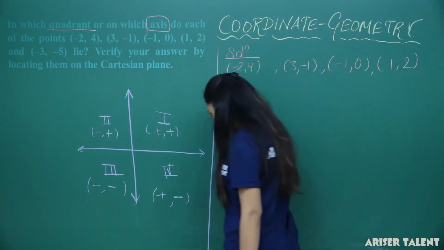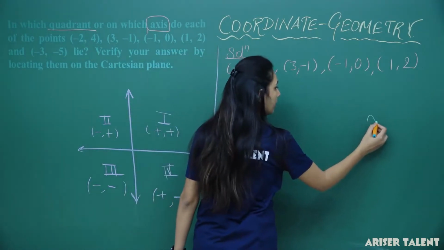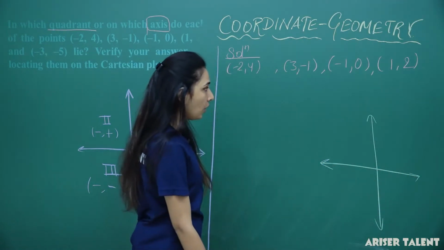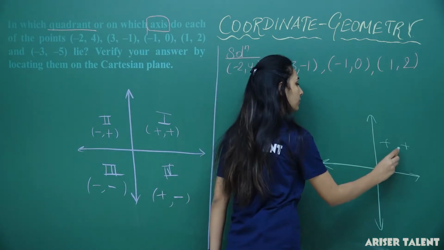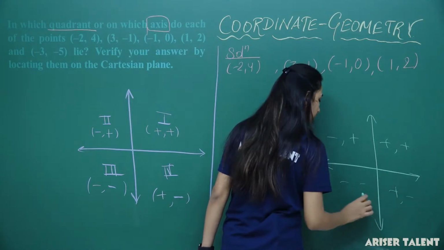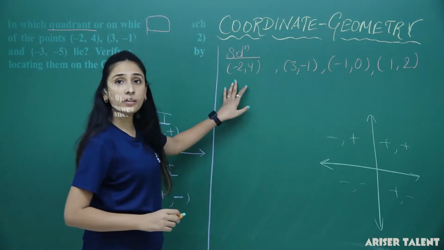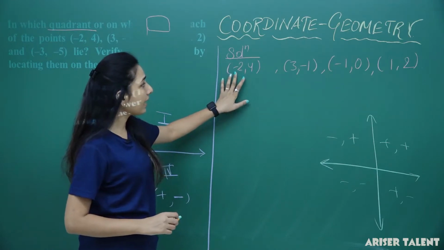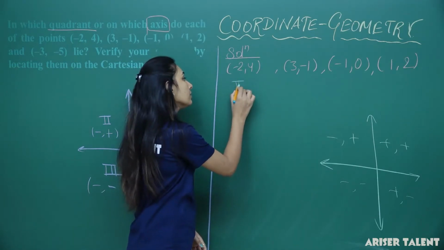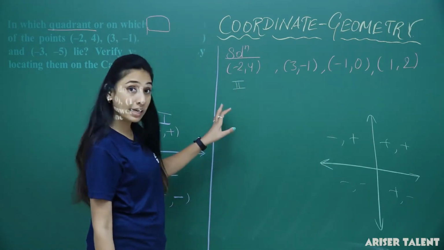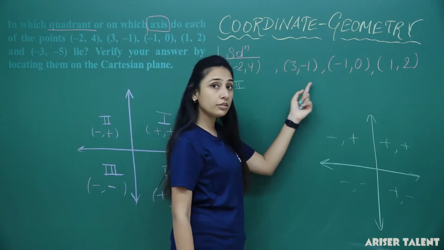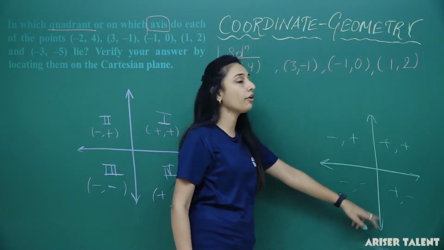I'll ask about the coordinates, and you tell me which is which. Look at the first one: negative and positive, so that will be in the second quadrant. Now the second one, (3, -1), positive negative, so the fourth quadrant.